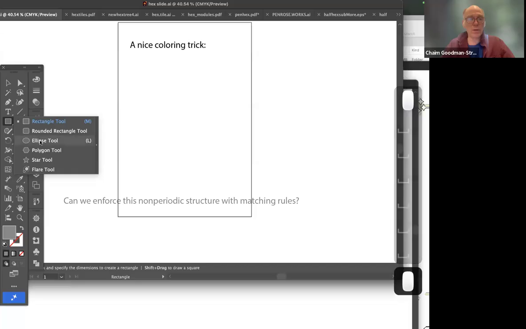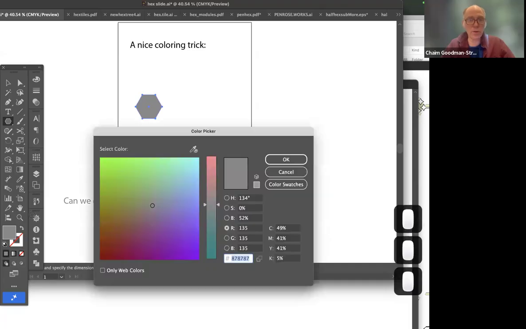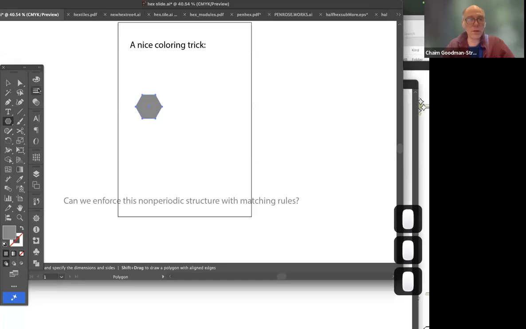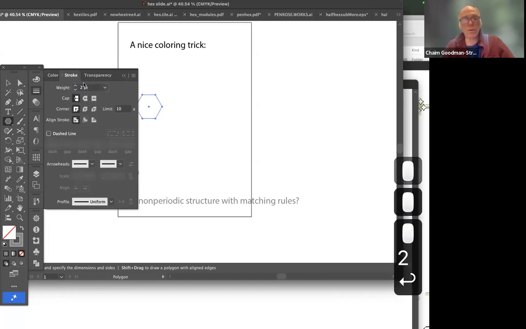I would normally just construct this by hand, but now it's got this cool little hexagon tool. I've been using Adobe Illustrator long enough though that that was a novelty in its day. Whoops, undo this.